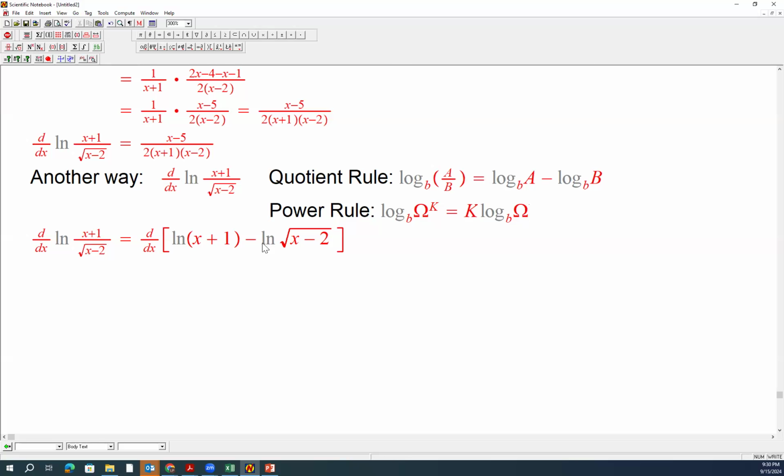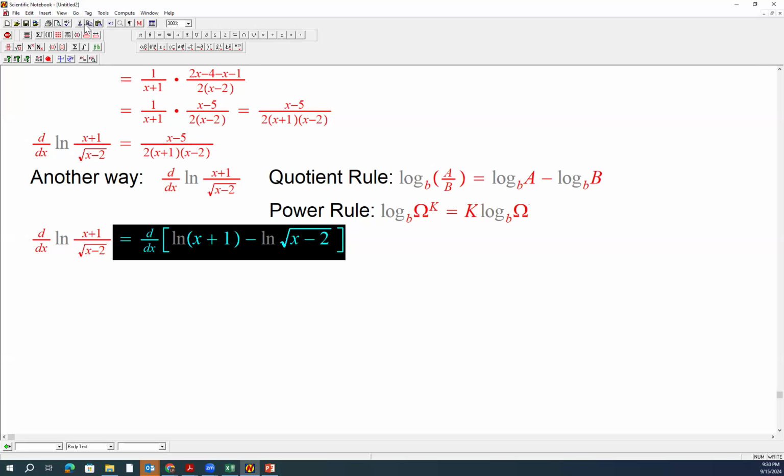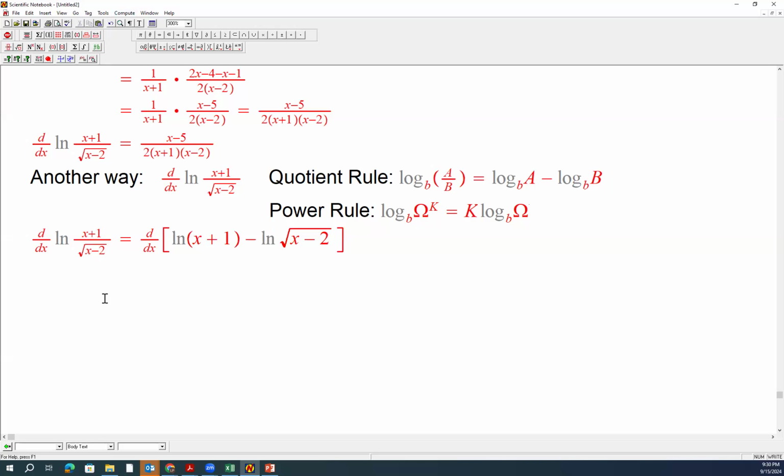So in our case, natural log of root x minus 2 can be seen as x minus 2 raised to the power of half.